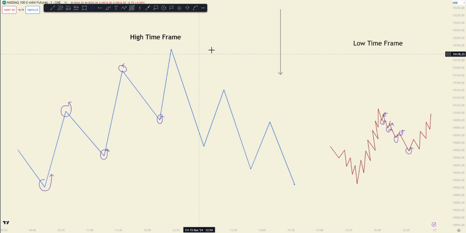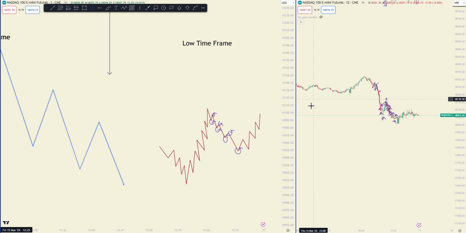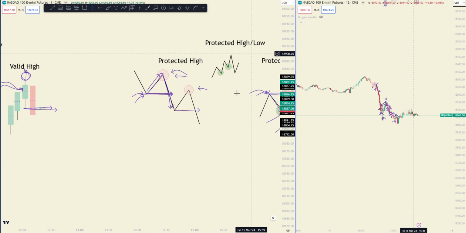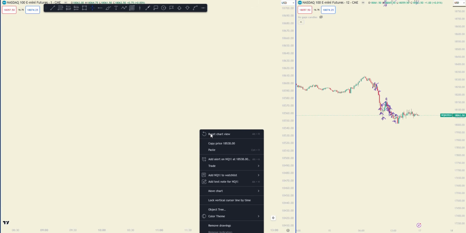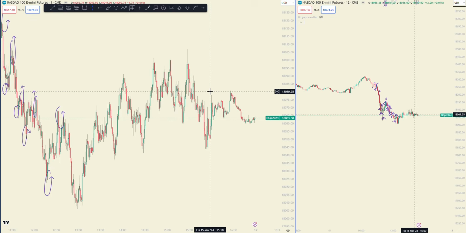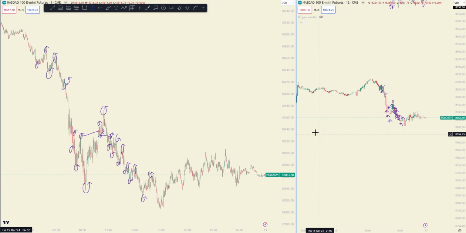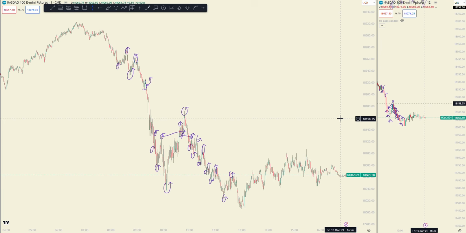You have to keep track on both. So I'd highly recommend keeping two charts open. I trade like this. I'll have my 1 minute chart on my left side a little bit bigger, like this. And I'll have my 12-minute chart very small on that side. So I can track both structure, because if we know where price is going, then we know how to get involved. I'll see you in video 2.